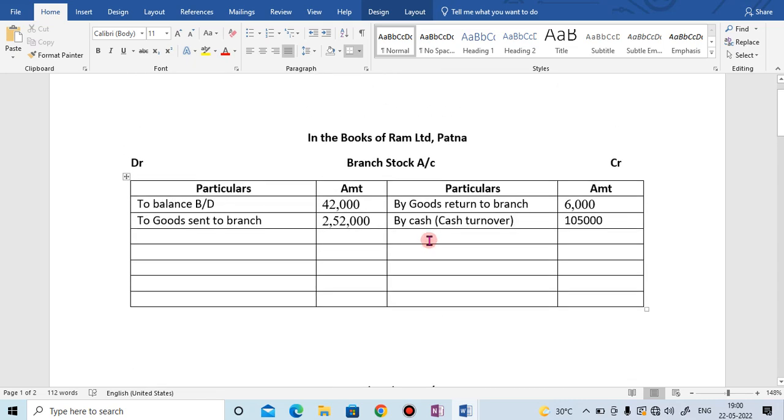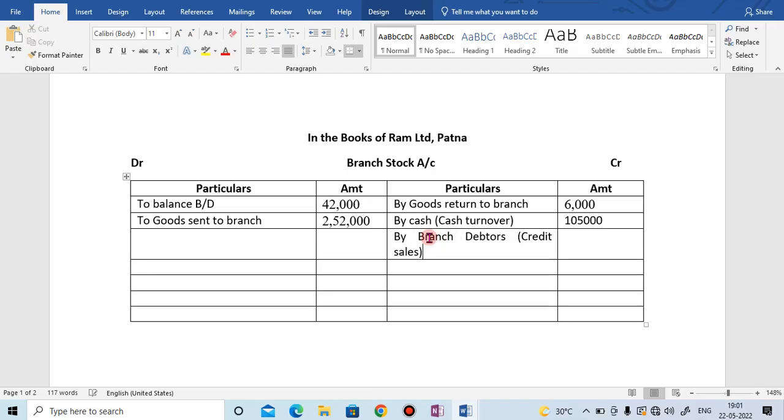So here in branch stock account credit side you will write by branch debtors. Reason credit sales 1,70,400.